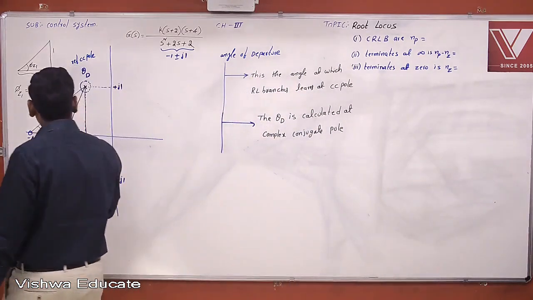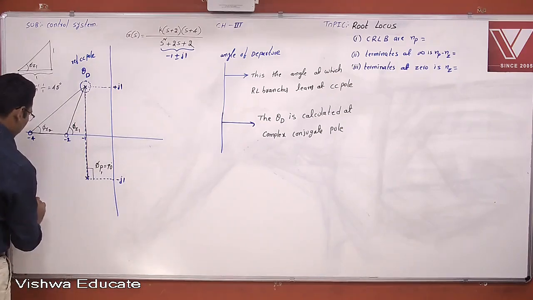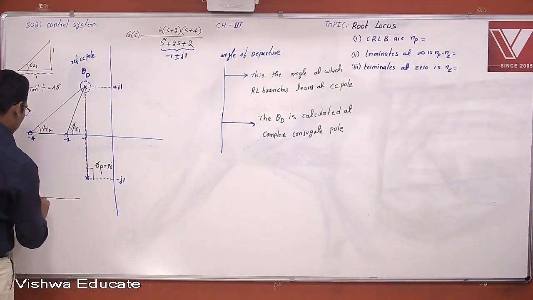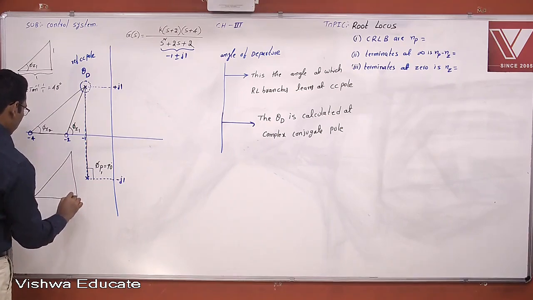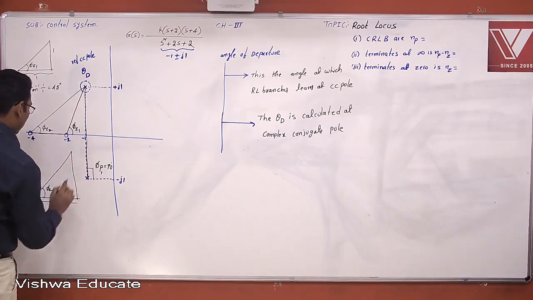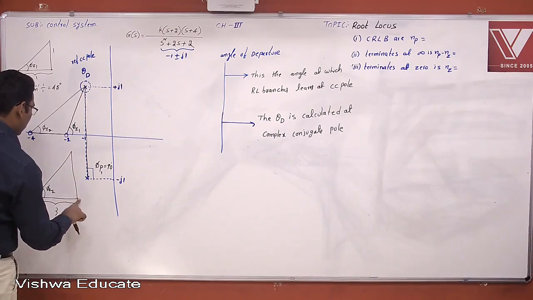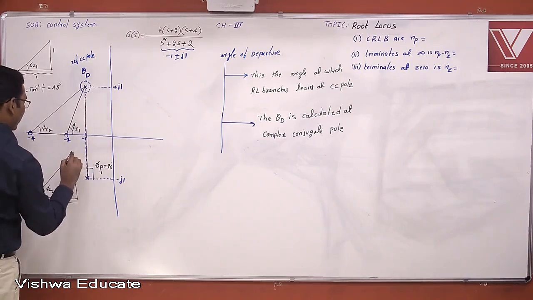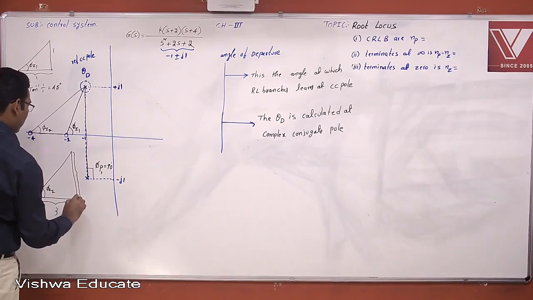Now what about this vector distance? This is phi z2. Now this vector distance is 3 and this vector distance is 1.